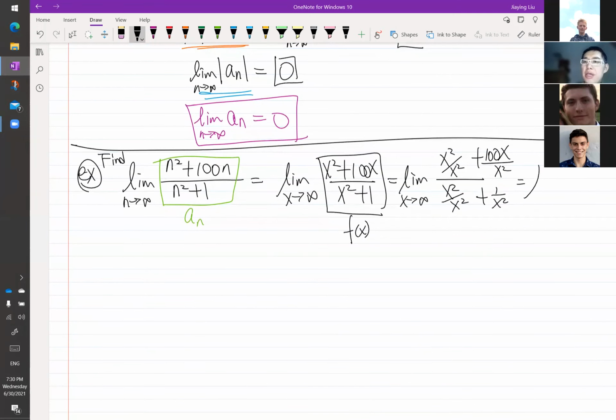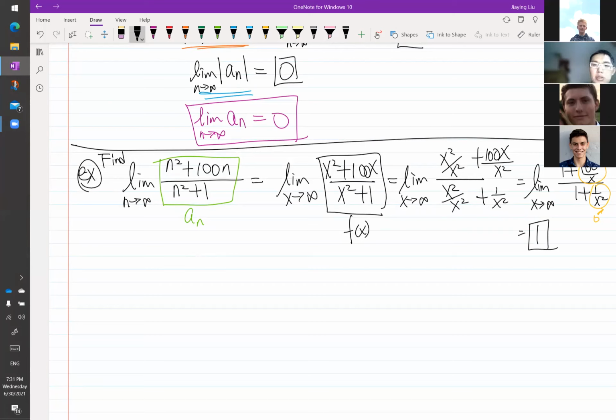And simplified, that becomes the limit as x goes to infinity of 1 plus 100 over x, divided by 1 plus 1 over x squared. Keep in mind that x goes to infinity. If x goes to infinity, the 100 over x term will go to 0. The 1 over x squared term also goes to 0. And then we end up just taking the limit of 1 over 1, which is just 1. So that's the limit of the function.